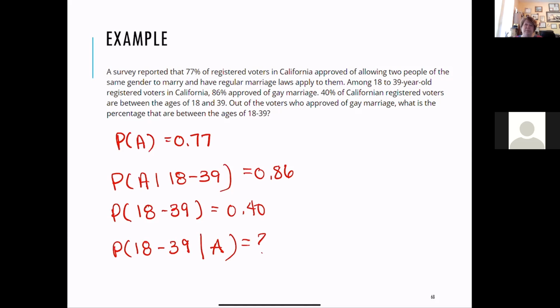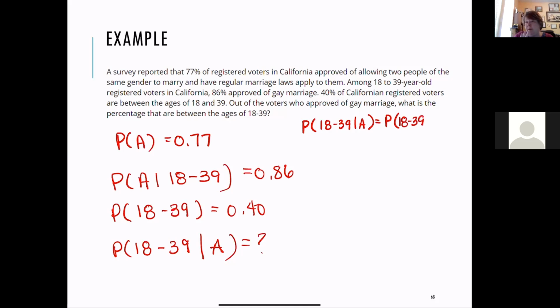Okay, and now we can use Bayes' theorem to figure that out. We have everything we need to know to be able to figure that out. So Bayes' theorem says that the probability that I'm between 18 and 39, given I approved of this proposal, is by definition the probability that I'm both 18 to 39 and I approved.